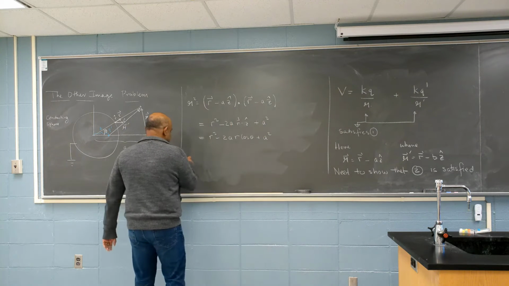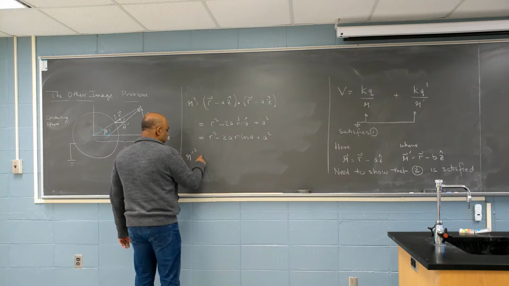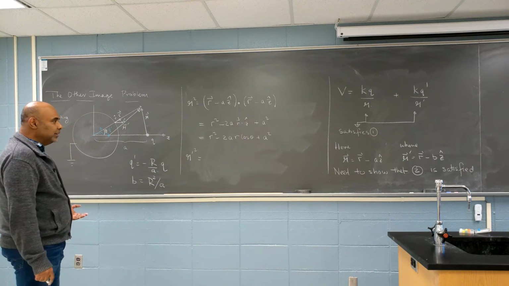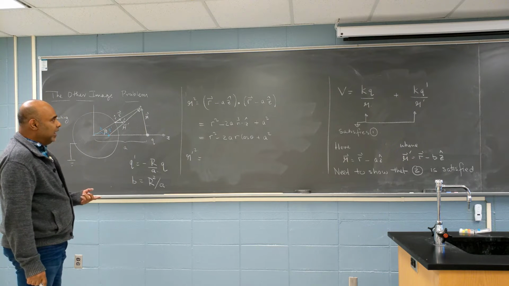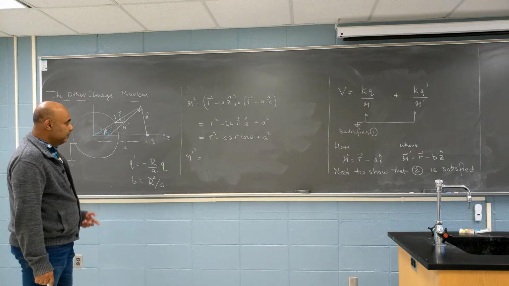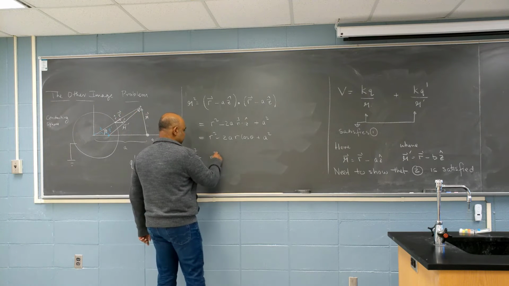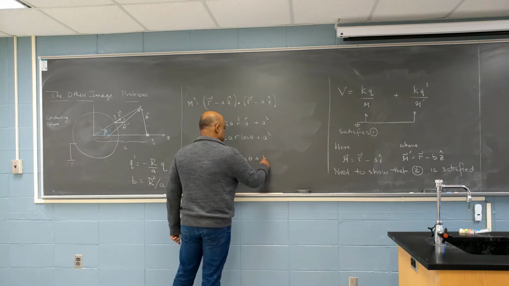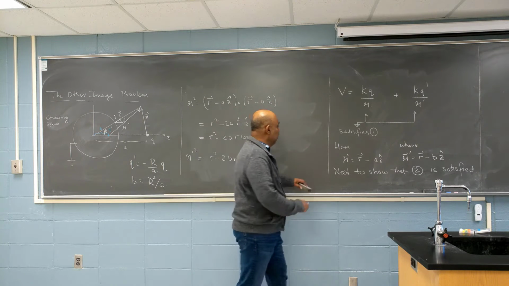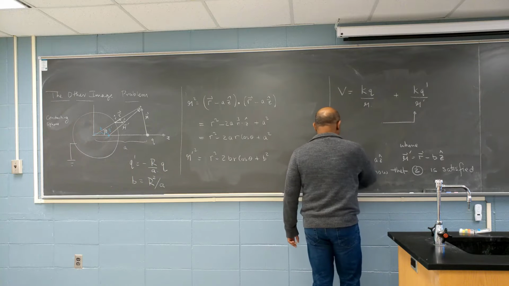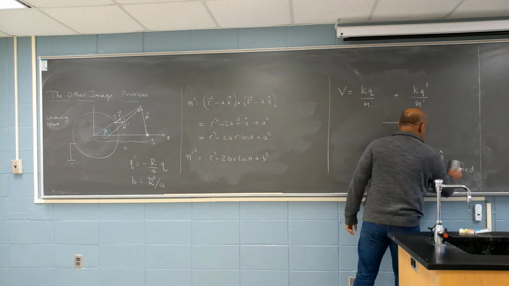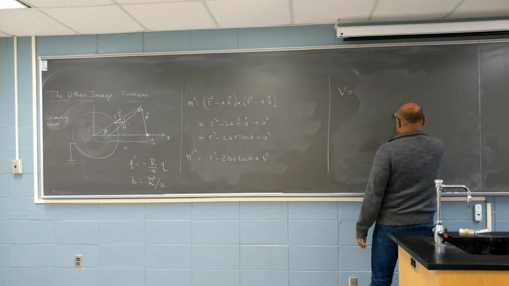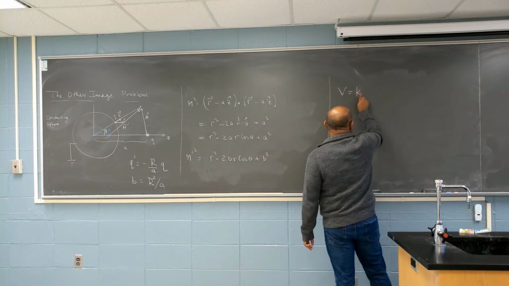So R prime squared. What is that going to be? What is the only thing that changes? A becomes a B. And therefore, I'm going to continue here. The potential becomes, and I'm going to factor out a KQ.